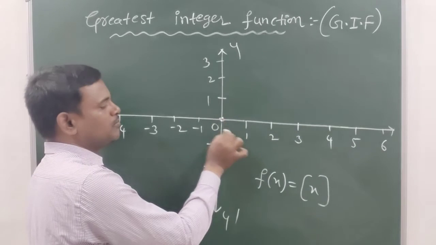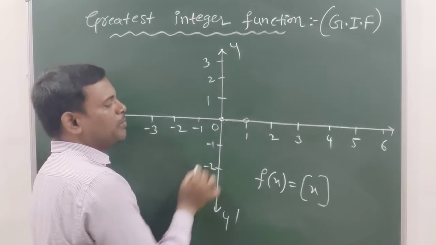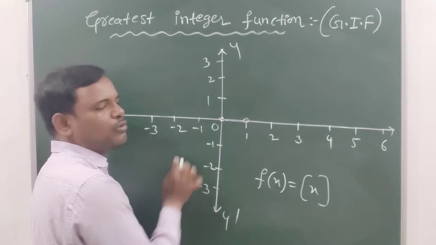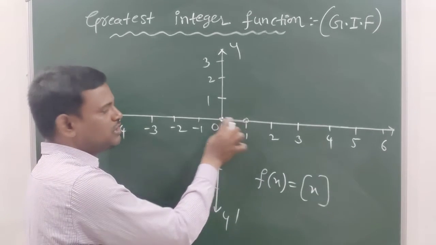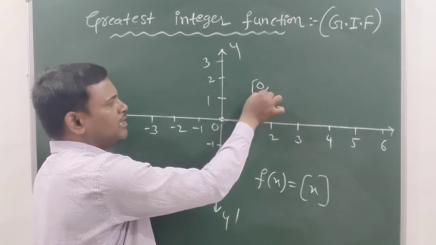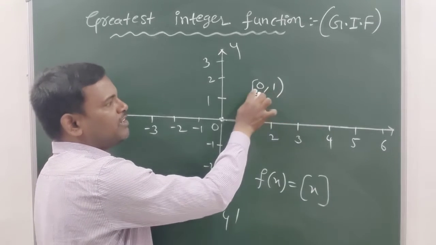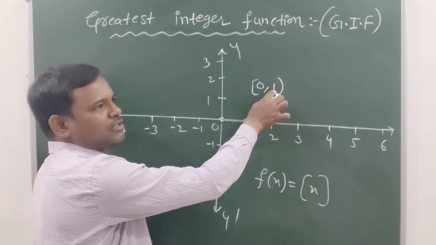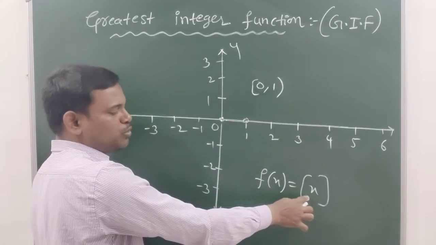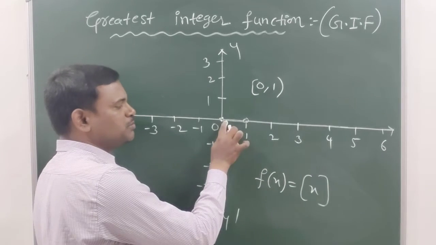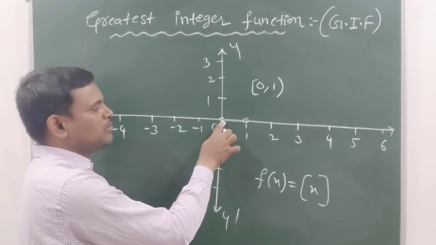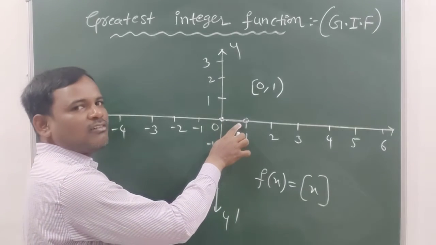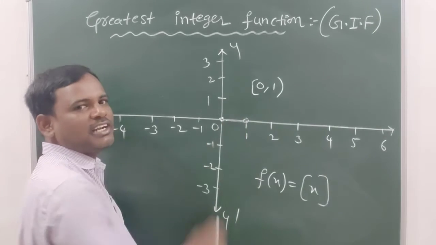Put an open circle at 1, because this point is not included in this range. From 0, including 0, up to but not including 1, take any real number and substitute it, and you will get a range of 0. So all these points will have 0 as their range.